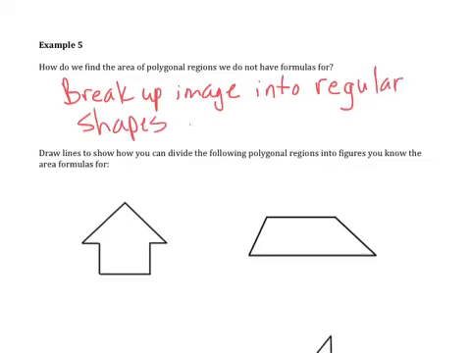And then at the end, we'd have to add the areas together. So we'll do some more of this in class. You can start looking at this now, but we'll finish it up in class. You can draw lines to figure out how you can divide those polygonal regions so we can easily calculate areas.